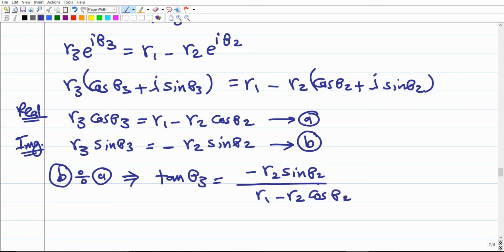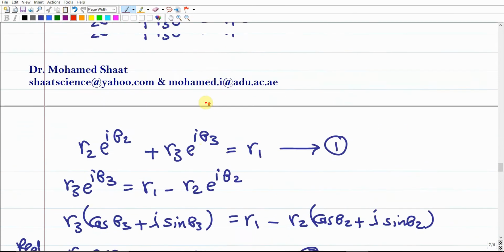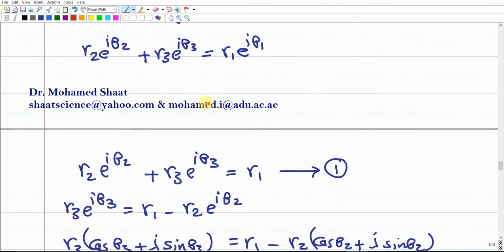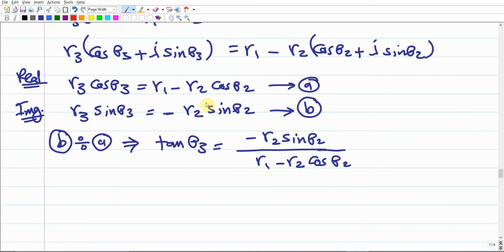Then your objective is just to substitute the values. R2 is given as 75 millimeters and R1 is given as 125 millimeters, and θ2 we got as 330 degrees.